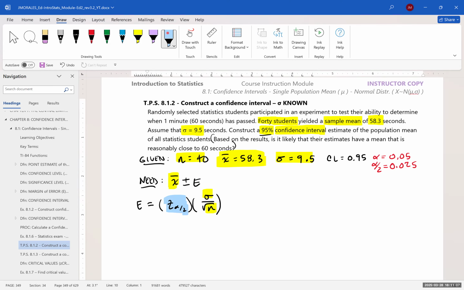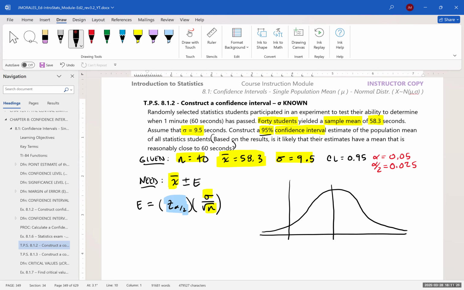So to get that z alpha 2 score, let's draw the distribution here. Now, since we're dealing with confidence intervals, this is going to be two-tailed. And this critical value and this critical value will be our positive Z alpha 2 score and our negative Z alpha 2 score.